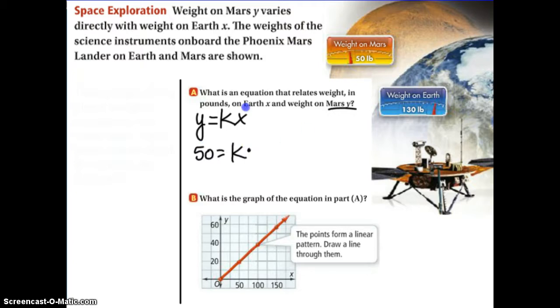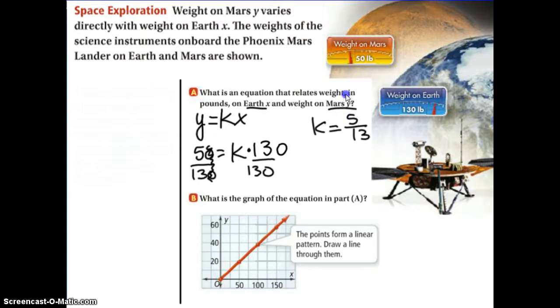And x was Earth. Earth is 130. So therefore, to find k, I divide by 130. Look at that, 0, 0. So I'm going to divide both by 10s when I simplify. So k equals 5/13.